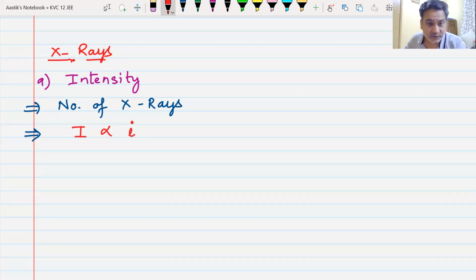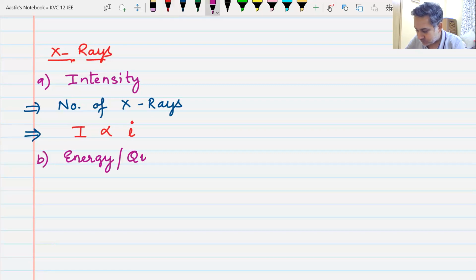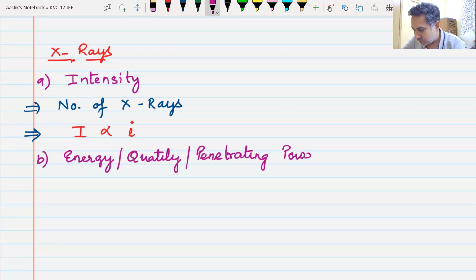The second thing that we talk about with these X-rays is known as their energy, or we have another term, quality, or we have another term, penetrating power. All mean the same thing. Now, the X-ray which has more energy will have more penetrating power, and that is known as the quality of the X-rays.